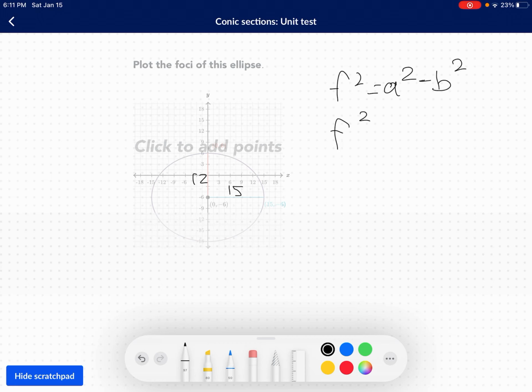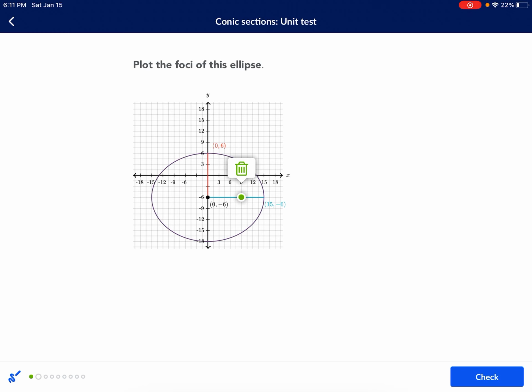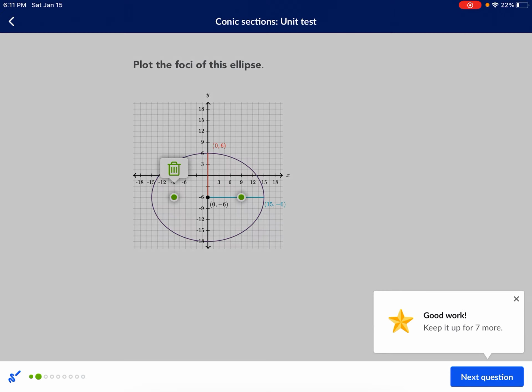So the focal length squared equals 225 minus 144. That's 81. So the focal length is 9. You add or subtract 9 on the major radius. So move 9 units to this side and 9 units to this side. Nice.